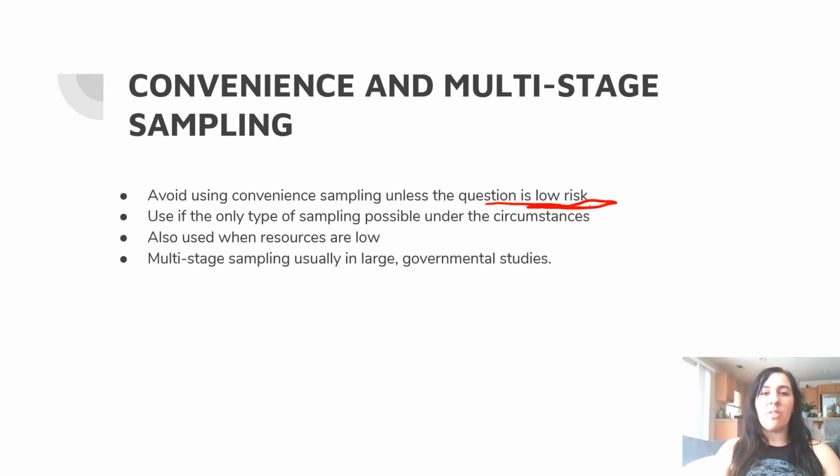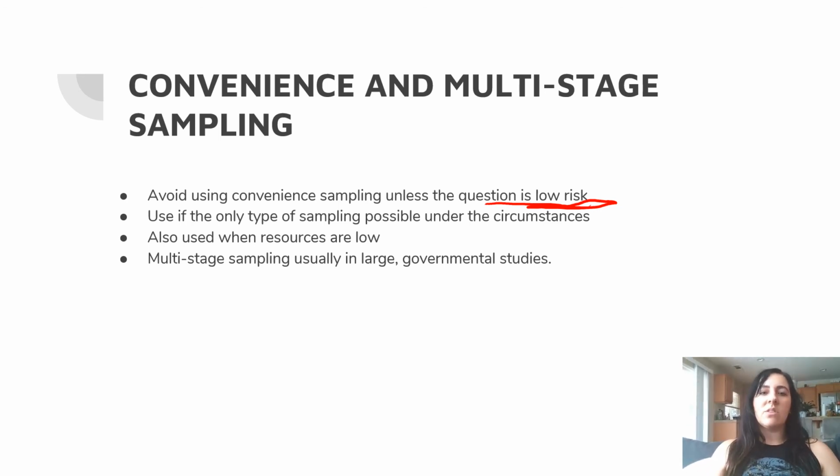If you know there's a lot involved in your question, a lot of factors, and you can already see a lot of biases, then convenient sampling isn't going to help you. It would be a waste of time, because whatever sample you gather from convenient sampling is not going to be a representation of the population. So only if it's low risk, very generic questions, do they work with convenient sampling.